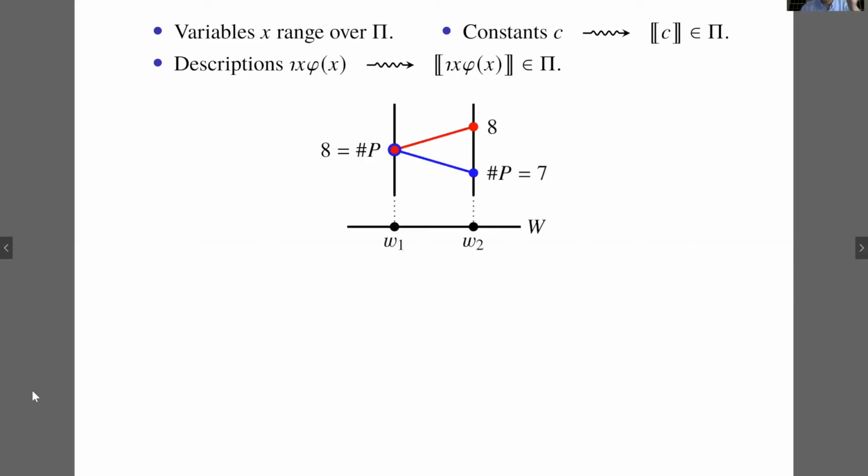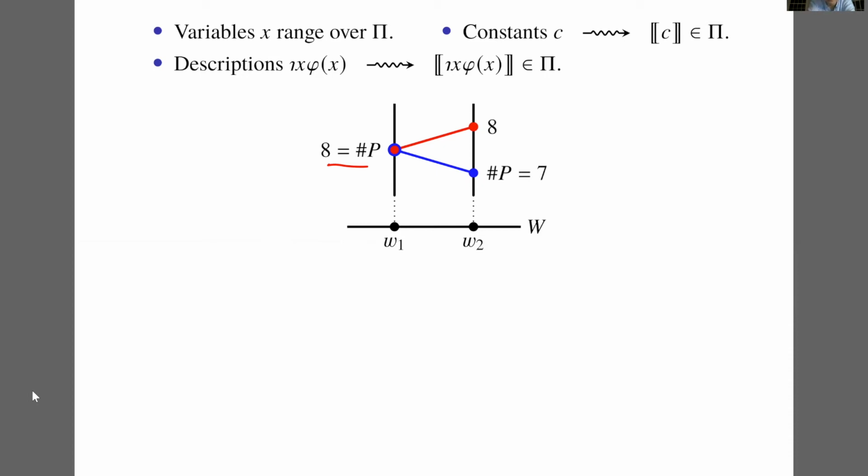So for instance, in the case of the number of planets, the de re and de dicto readings end up with quite different behavior here, because there's a number 8 that happens to be the number of planets in this world, and that is necessarily bigger than 7.